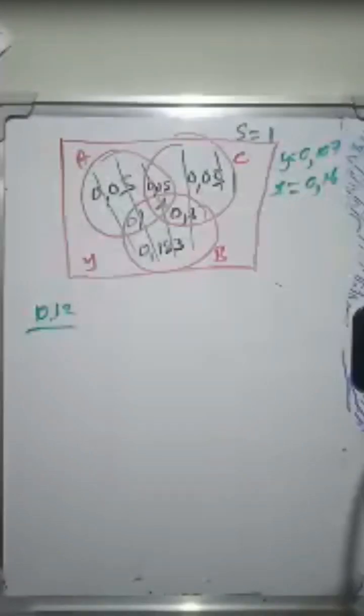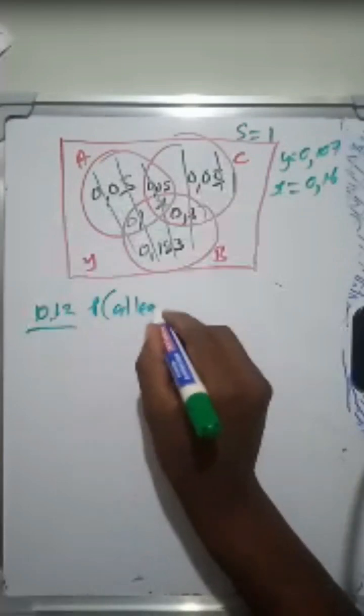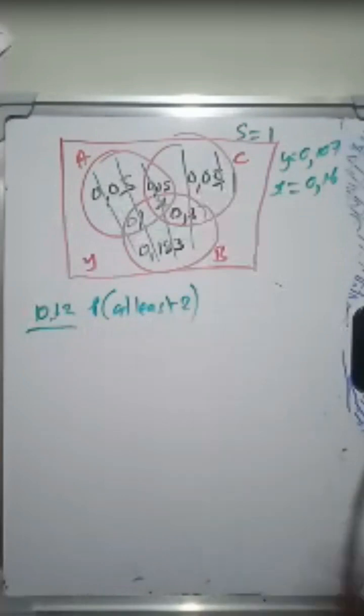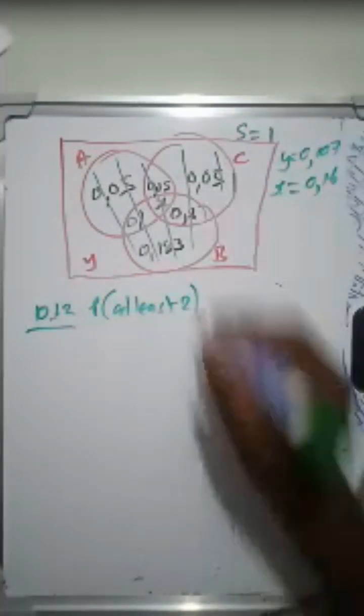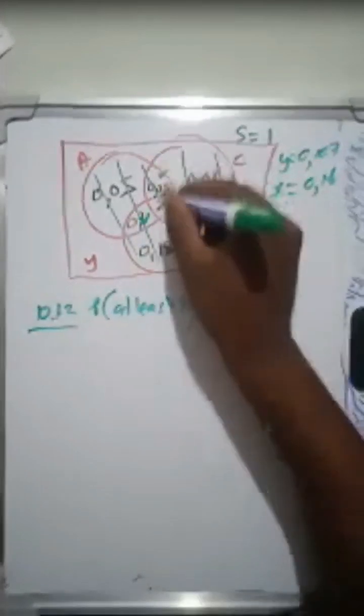Probability at least 2 means 2 or more. So what is 2 or more? We are here, here, here, and here.